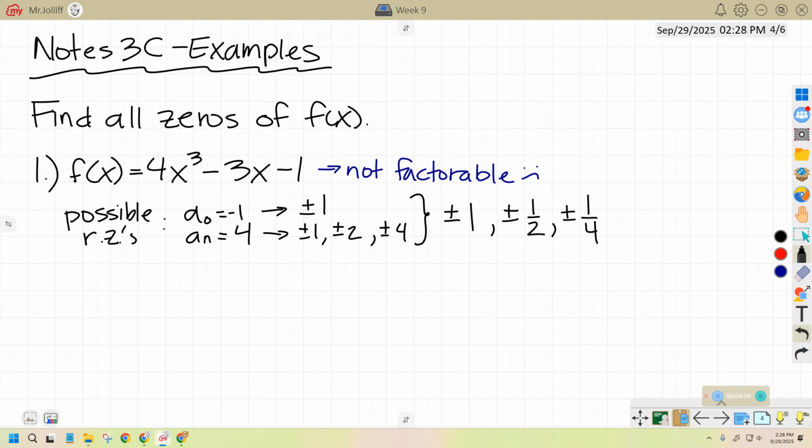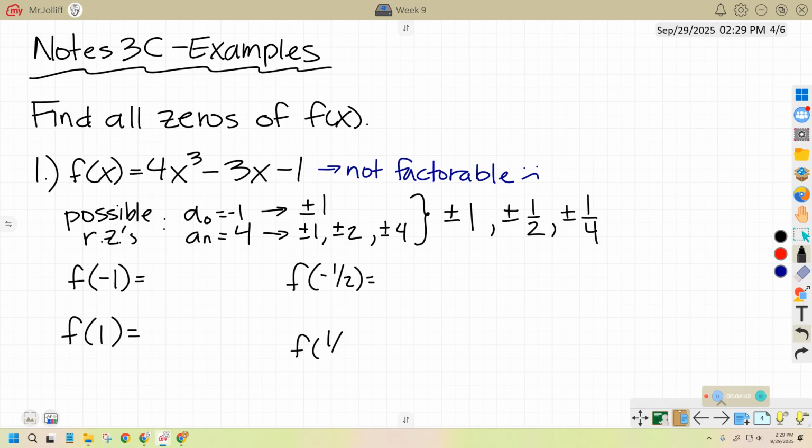And I need to know which one of those is an actual zero. So I'm going to use the remainder theorem. I know that if I evaluate my function, f, at those numbers, my zeros occur where my remainder is 0. So I want to know what f of -1 is, f of +1, f of -1/2, f of +1/2.